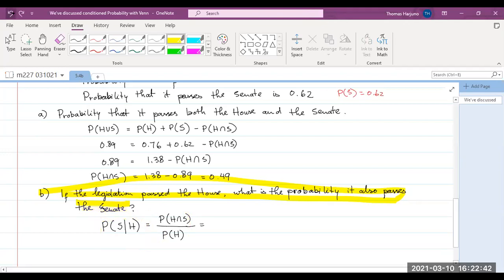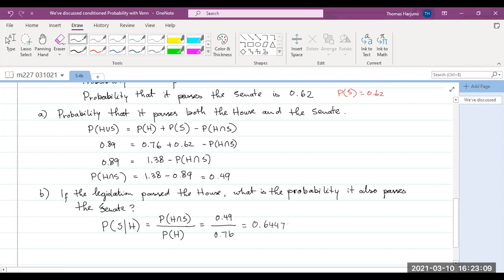And we know from part A, the probability of the intersection is 0.49, over the probability it passed the House, 0.76. Then we use our calculator. That's 0.644736.